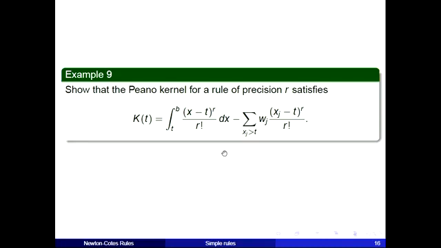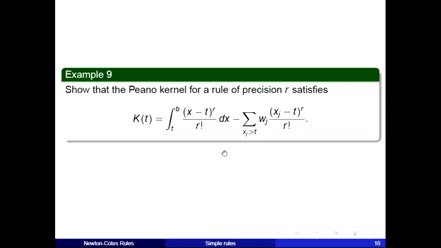So the midpoint rule has only one quadrature point, and that quadrature point is the midpoint. So the quadrature in this case is just f of a plus b over 2 times b minus a.